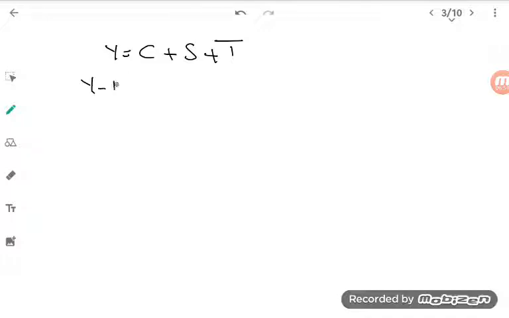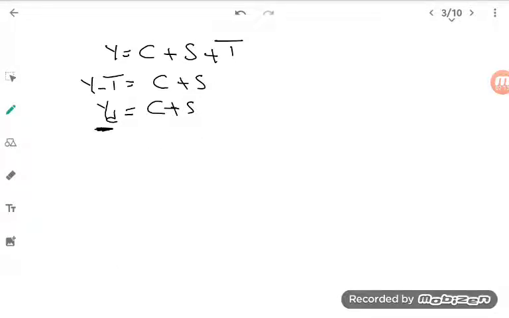It's Y minus T equals C plus S. It's YD equals C plus S. This means that households are going to distribute their disposable income after payment of tax between consumption and savings.